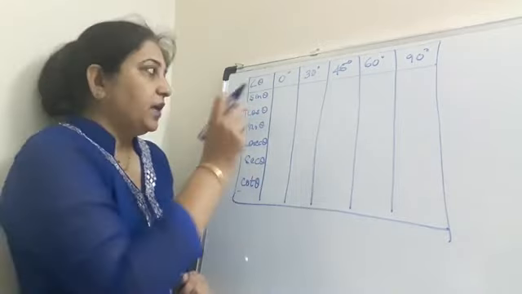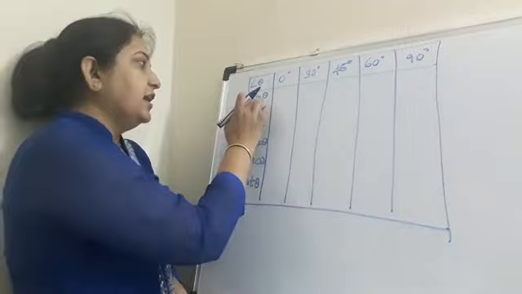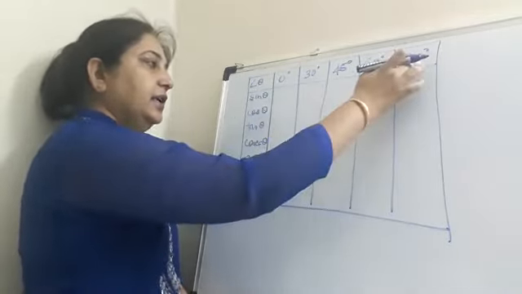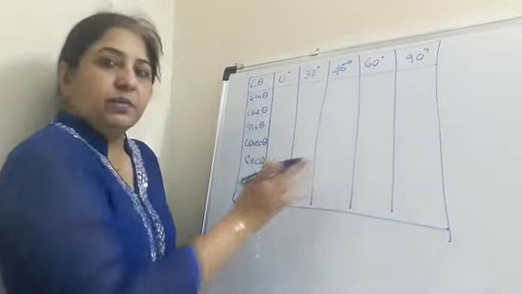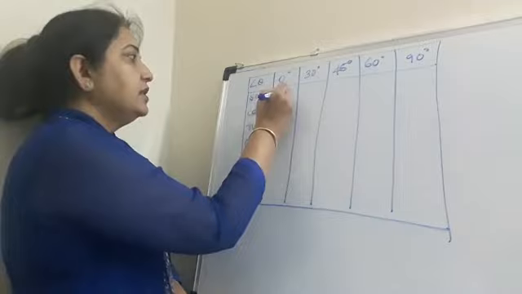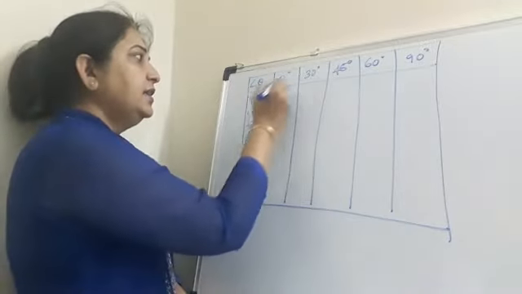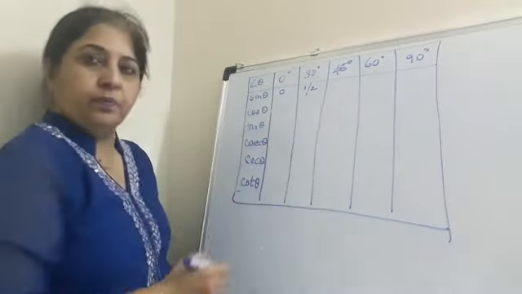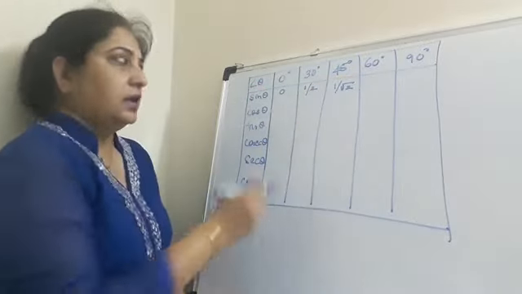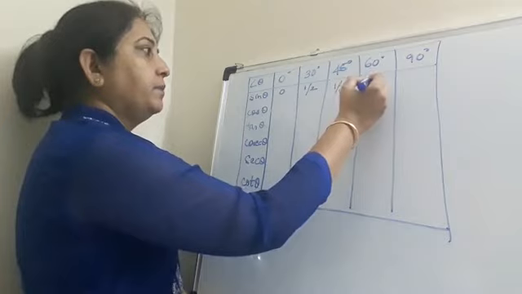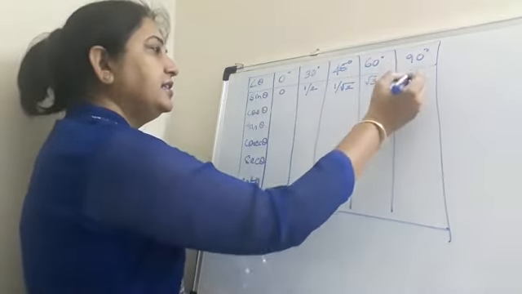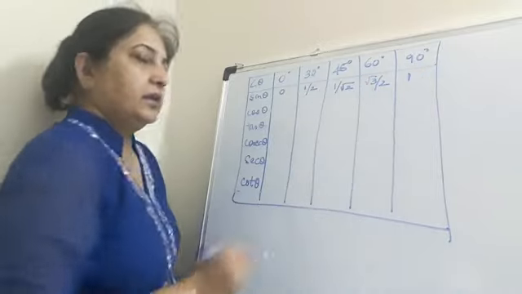If you remember the values of sin 0, sin 30, sin 45, sin 60 and sin 90, it will be easy for you to complete the whole table. So let us see how. Sin 0 is 0. Sin 30 is 1 by 2. Sin 45 is 1 by root 2. Sin 60 is root 3 by 2 and sin 90 is 1.